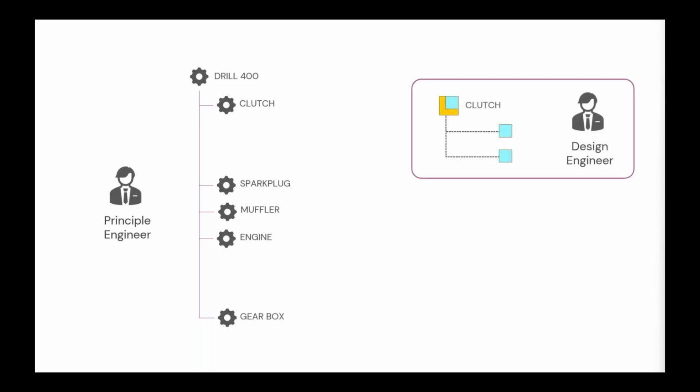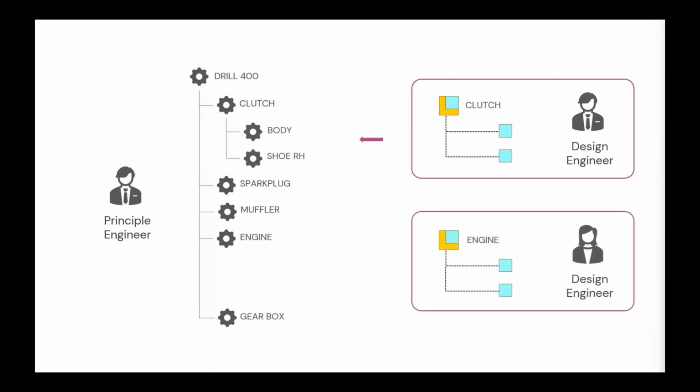So once we've defined that structure, we may have a design engineer go away, work on the clutch, and then define the lower level structures of that product. Same here for the engine, where we offload a lot of that work to the design engineer, and they can build in the missing pieces. So as you can see, with that top-down design approach, we can overlay a structure and then allow the wider business to fill in the gaps that are left between that.